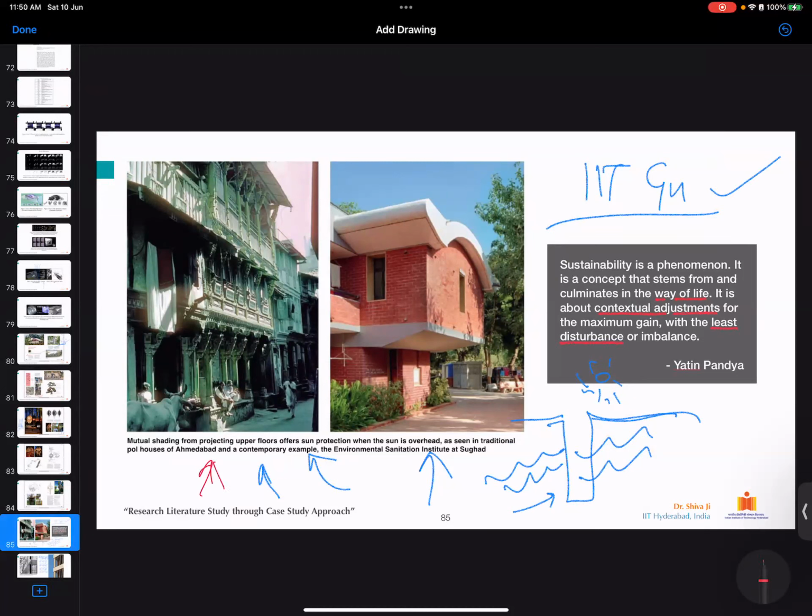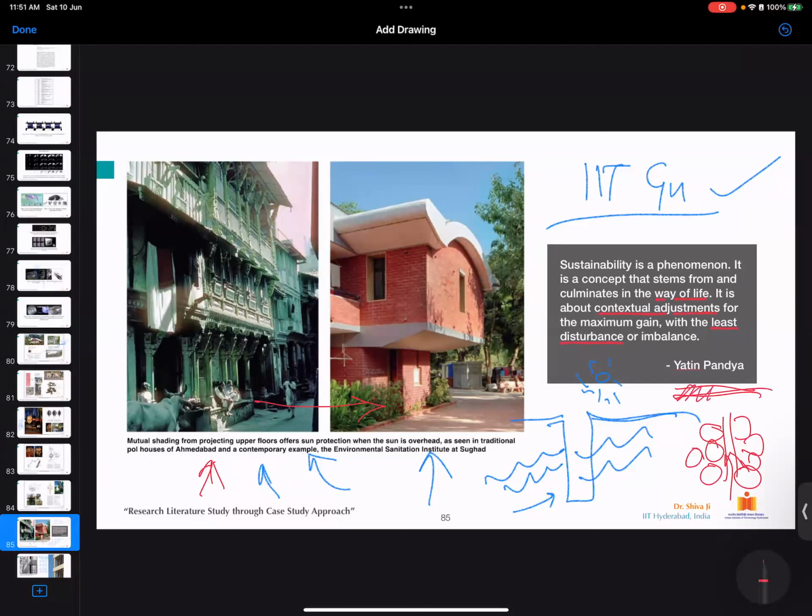If you see these gullies, they are very uniquely placed, and the buildings are placed around them. And how they offer a cool climate even in the very harsh summers was studied by most of us architects, and how beautifully it was translated into this design by Vastu Shilpa, Vivek Rathore's office.